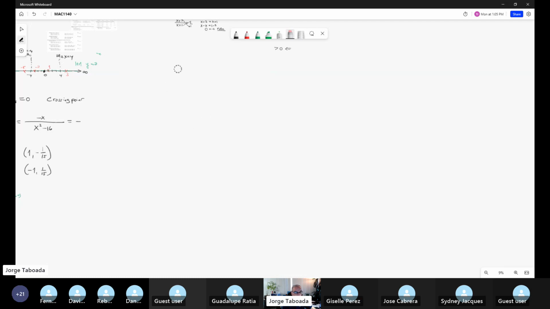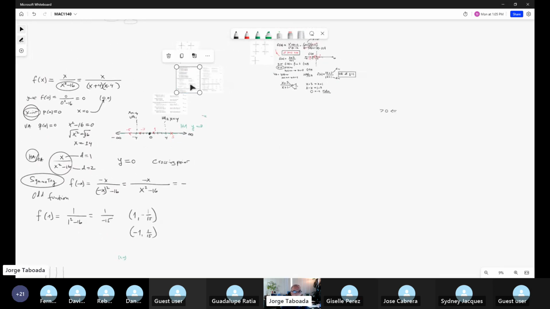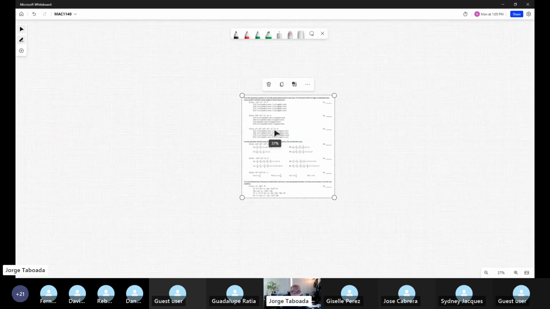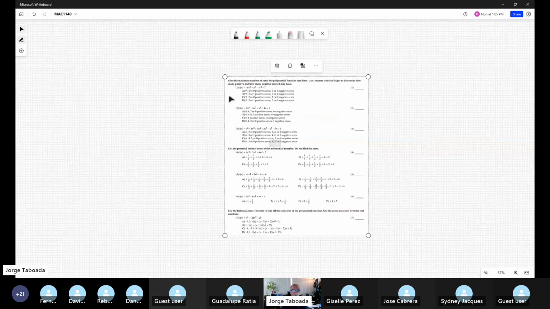Now 12, we are doing 12. Let me try to find 12. Oh, there you go. Let me enlarge the page. This is 11, okay, cool.